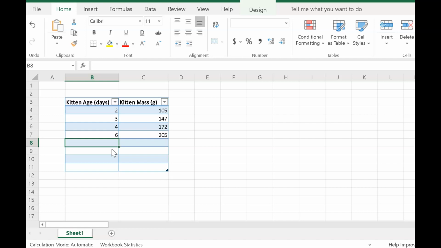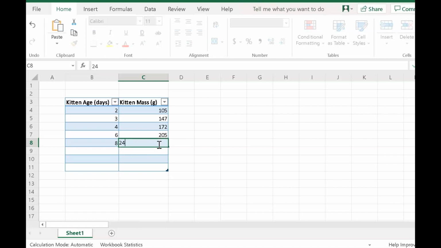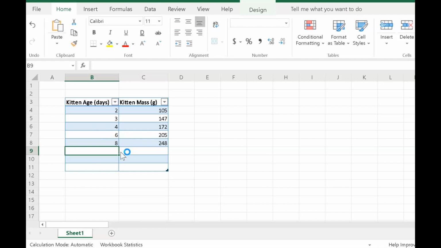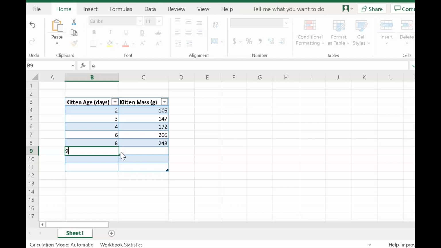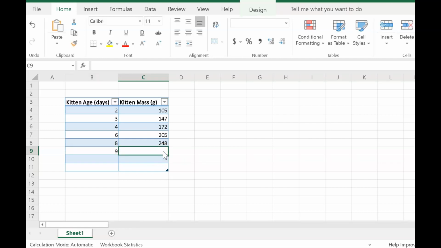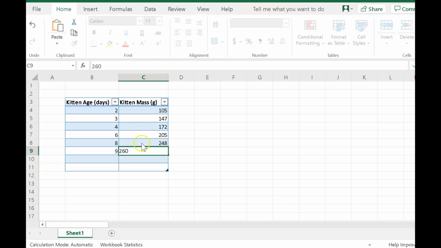On day 8 is going to be 248 grams. Day 9 is 260 grams.